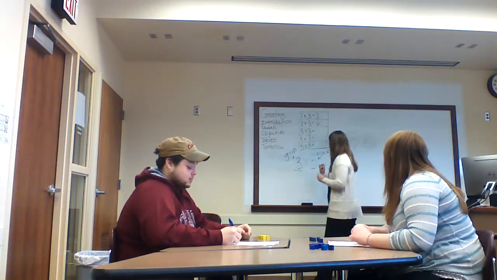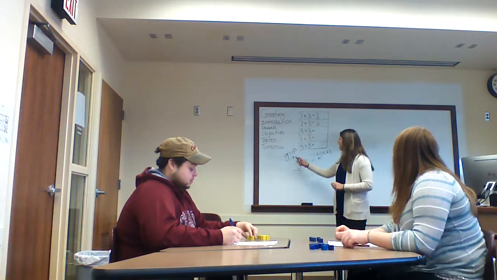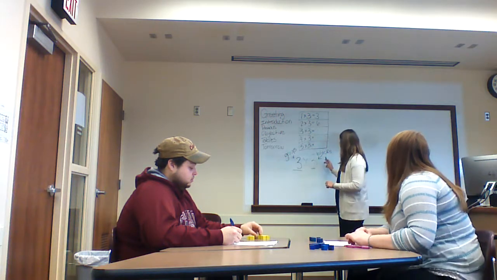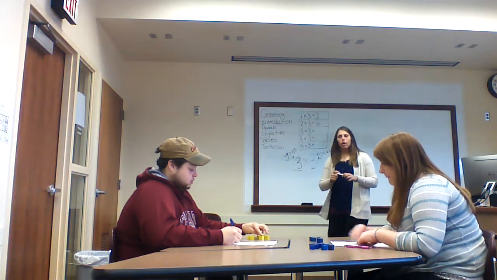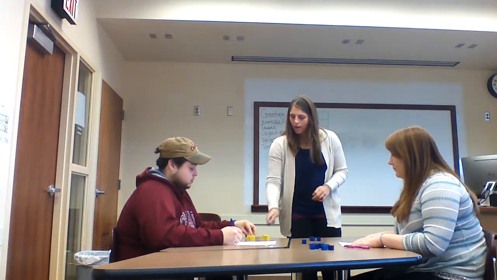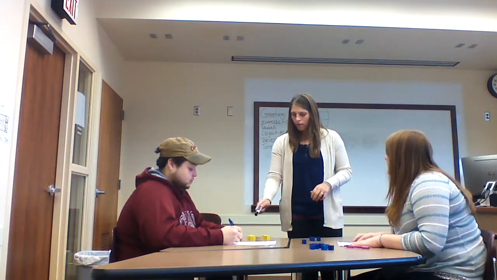So now we're going to do 3 times 3. This is a little bit confusing because they're the same number, but we're going to take 3 groups of 3 blocks. So let's start out with one group of 3. You guys have that? Yep, you have your one group, Dan. Good job. 2 groups. How many groups do you have here, Meg? 2. And we need one more group. 3.